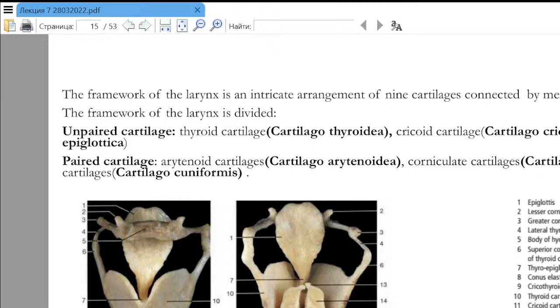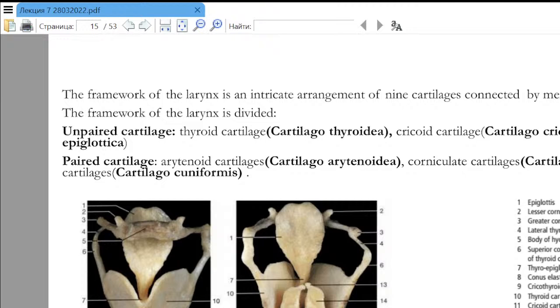Here you see the anterior aspect of the cartilages of the larynx with the hyoid, and the posterior aspect. Cartilago thyroidea, unpaired. Cartilago cricoidea.